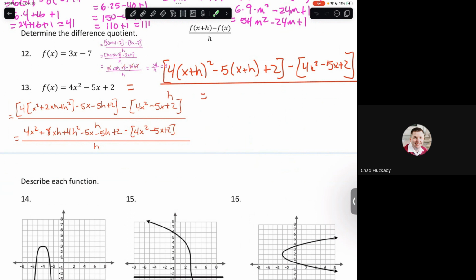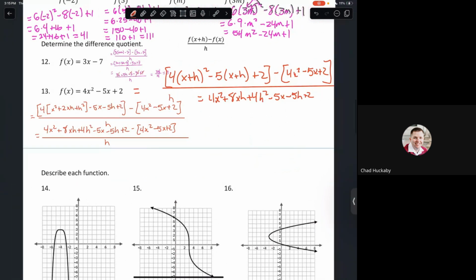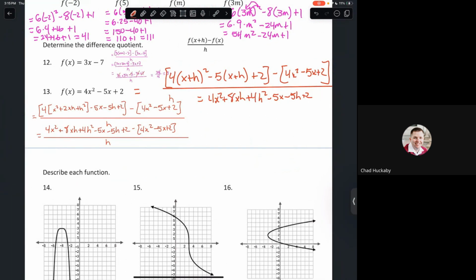And so we get 4x squared plus 8xh plus 4h squared minus 5x minus 5h plus 2 minus 4x squared plus 5x minus 2 all over h.